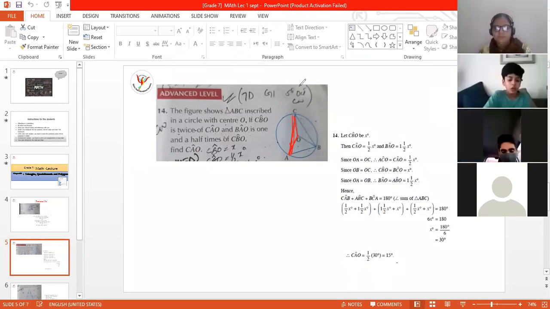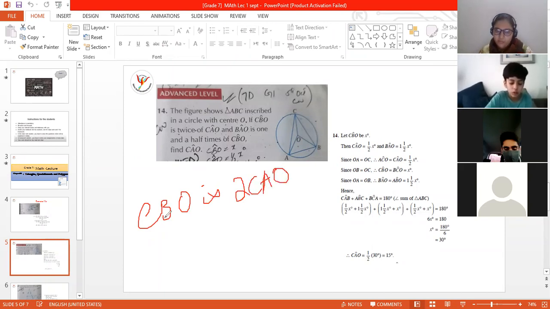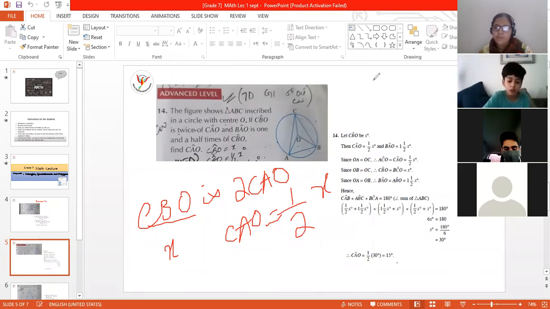Okay. So now he is saying CBO is twice of CAO, which means 2 times of CAO. We don't even know the value of CBO, which means we can assume it as X. So definitely if CBO is X, then CAO will be half of CBO, which is X over 2 degree, right?